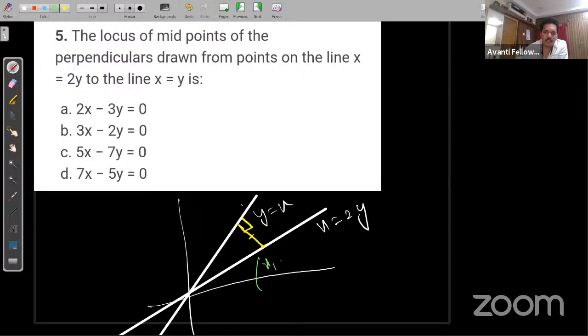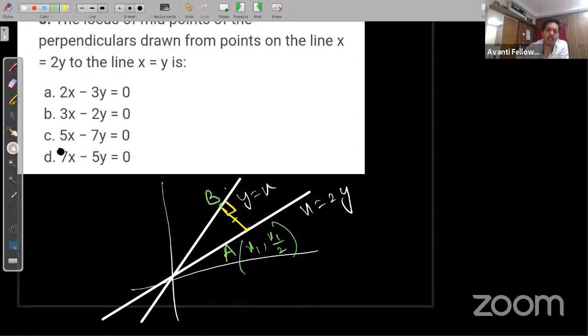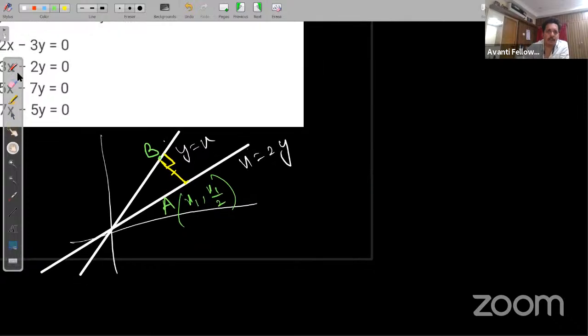If x is x1, then y is x1 by 2. Now I will find the foot of the perpendicular from point A to the line, point B. Once I get the foot of the perpendicular, the midpoint of both will give us the answer. That is easy to do.